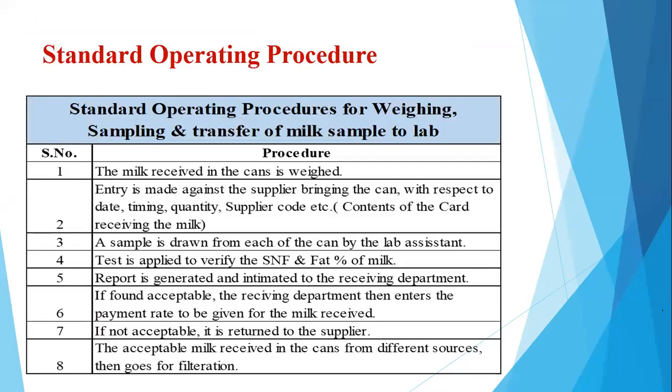And this is going to help us write down our standard operating procedure. That's where we have created an SOP for weighing, sampling, and transfer of milk sample to a lab. Once you are aware of the activities, first you should know the entire process.